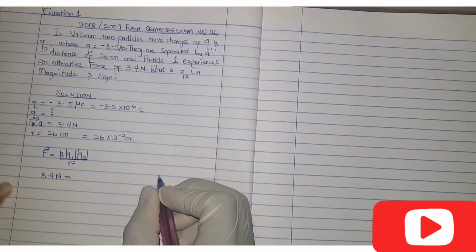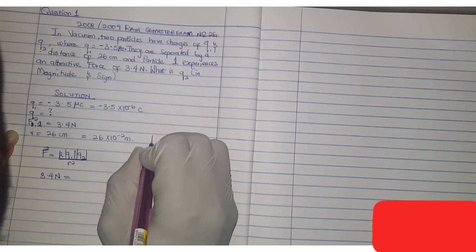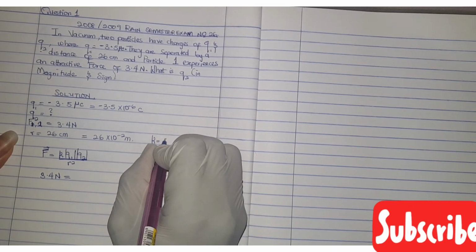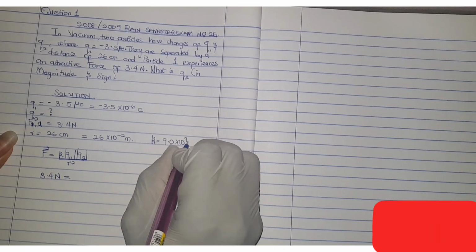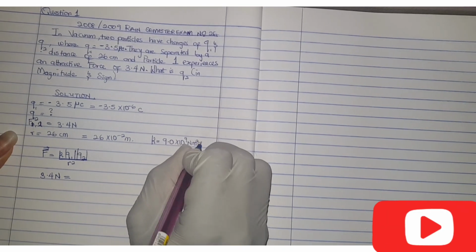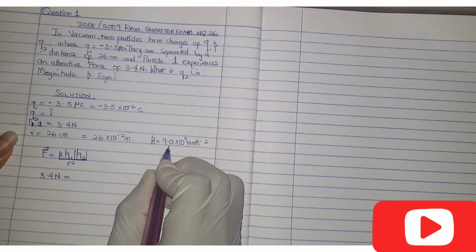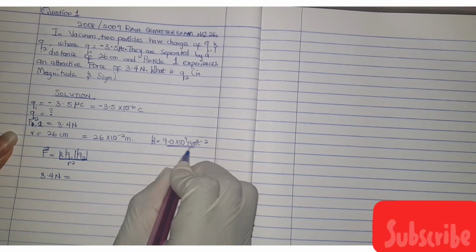That is equal to, remember that our K is given as 9.0 times 10 raised to power 9 Newton meter square per coulomb square. K is constant.